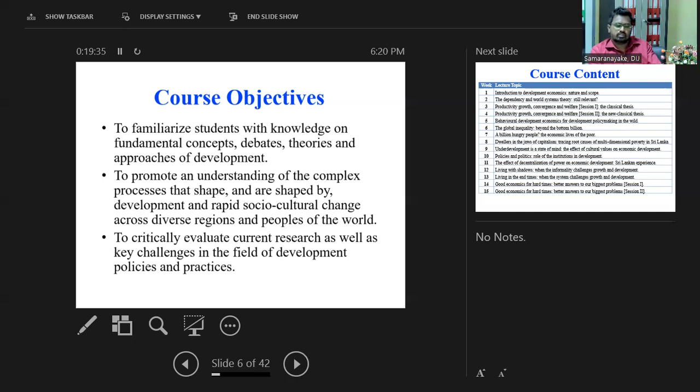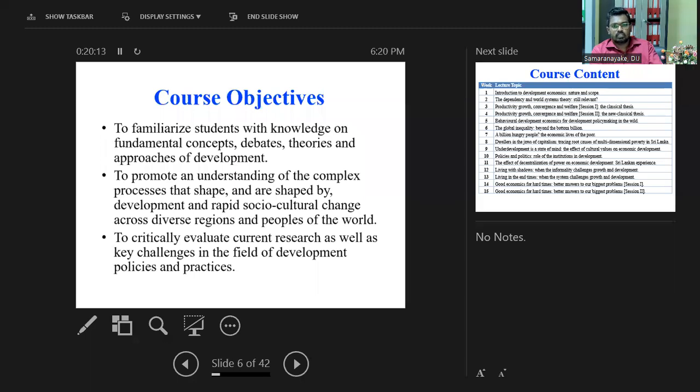Because this is the first course you are having on development, first we should, of course, identify fundamentals. And then encourage and promote understanding of complex processes that could shape and also be shaped by development, and so we could study different social structural changes and effects, and how these things apply in the world and affect world dynamics and development altogether.